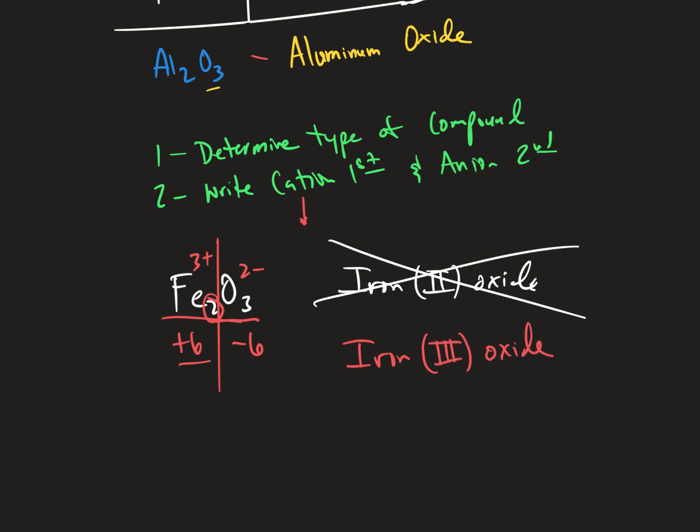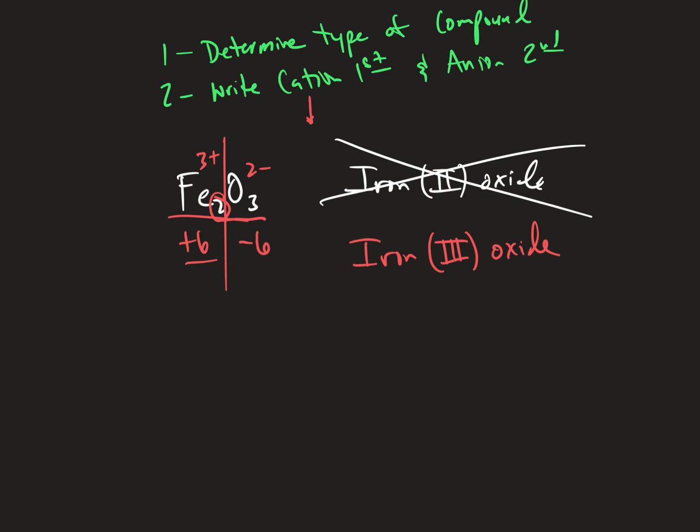This is why we learned how to figure out the charge, so that we can write that Roman numeral correctly. Good? The crisscross way is kind of confusing. It is easier if you don't have to multiply anything. Okay? How are you going to know?